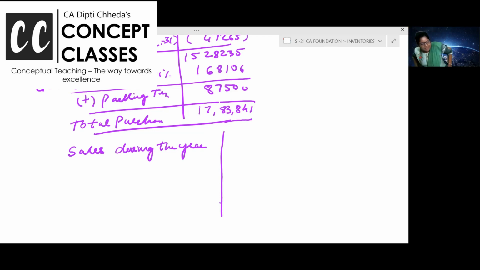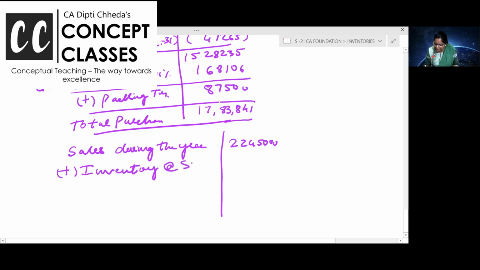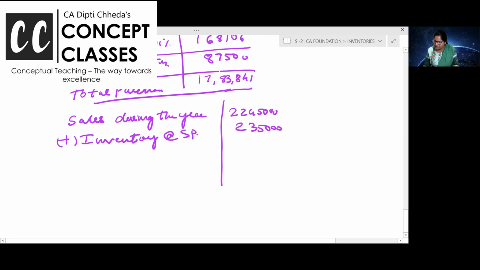Now what is the sales during the year? They gave you the figure ready. 22,45,000 is the goods which are sold. Plus inventory is also given to you at selling price, 2,35,000.